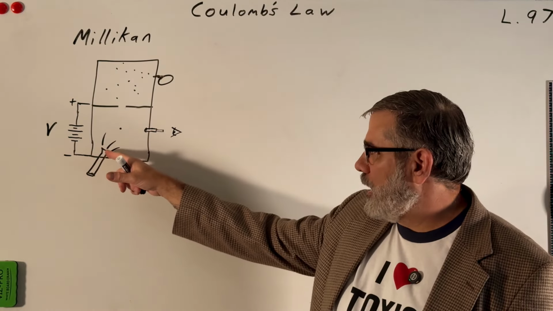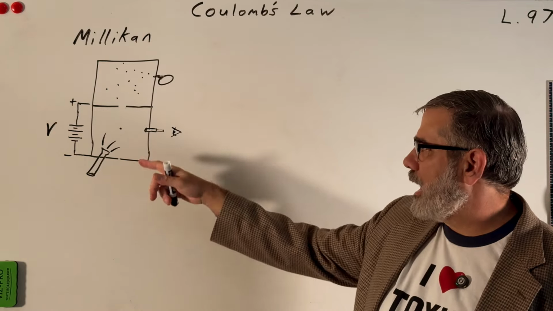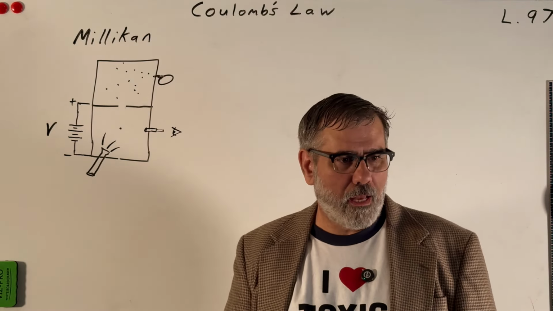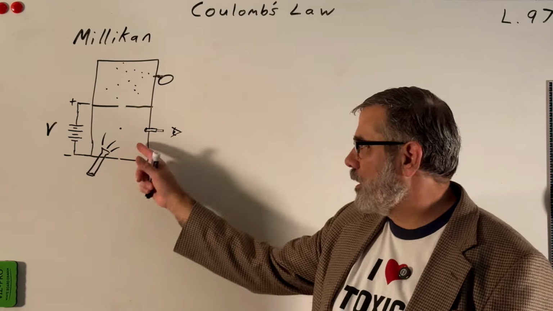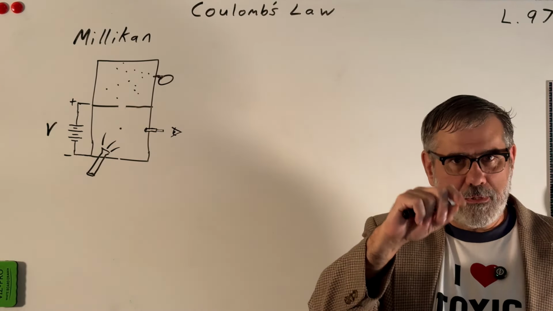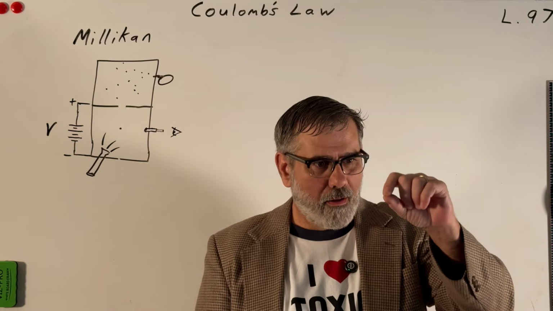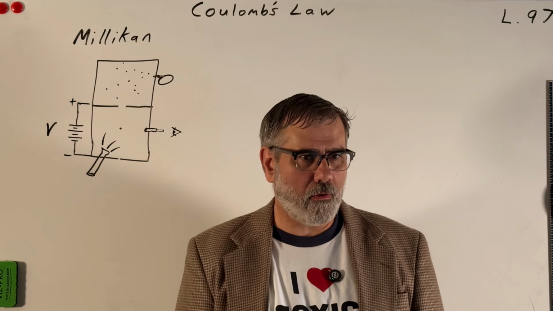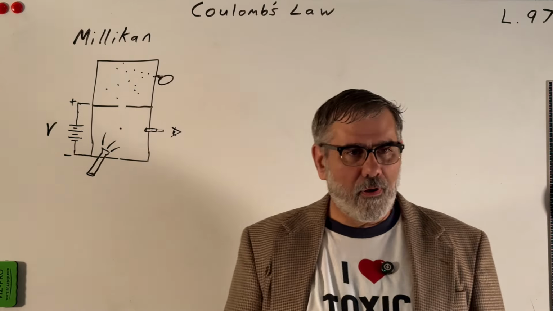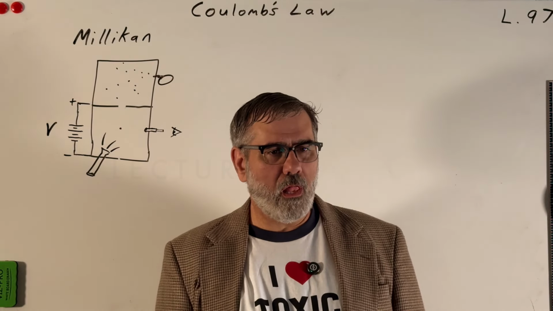In here we can shine a light at right angles to a little telescope that allows us to look inside the chamber, okay, and see the oil drops as they come down. So it's very dark inside, but when you shine that light in there, only the oil drop picks it up and scatters the light so it appears like a little star on a black background, so you see it very clearly, okay?